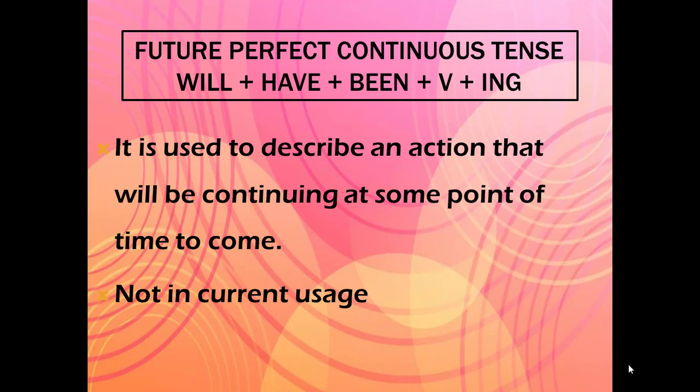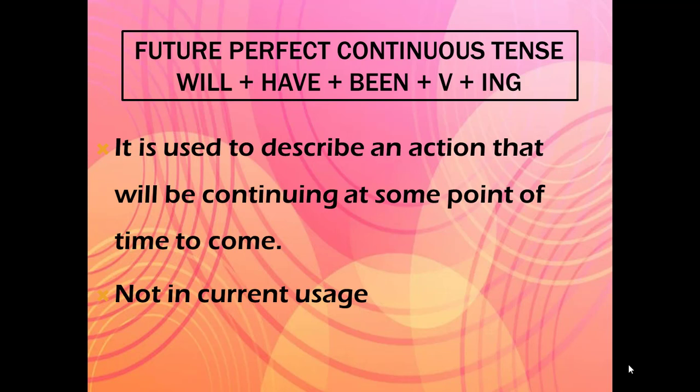The next tense is future perfect continuous tense. The structure of future perfect continuous tense is will plus have plus been plus verb plus ing. Future perfect continuous tense is not in current usage, but we cannot ignore this tense. Okay.